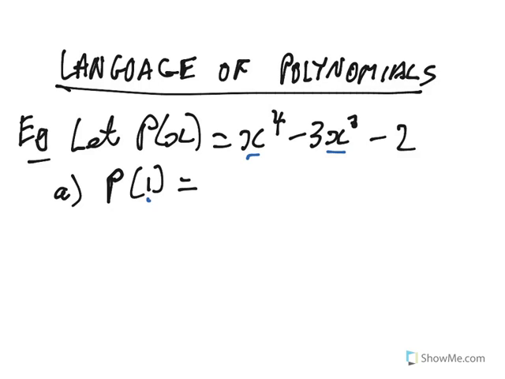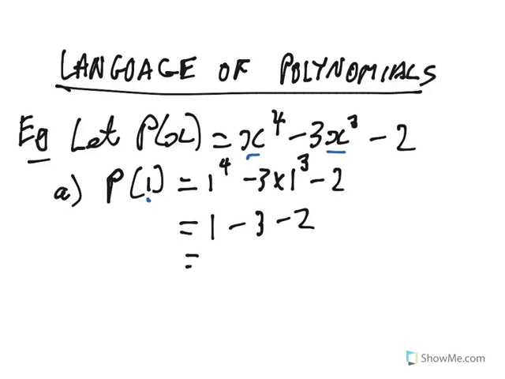So when we do that, you get 1 to the power of 4 minus 3 times 1 cubed minus 2, which is simply 1 minus 3 minus 2, which is negative 4 in the end. And you can do that with any number that you like.